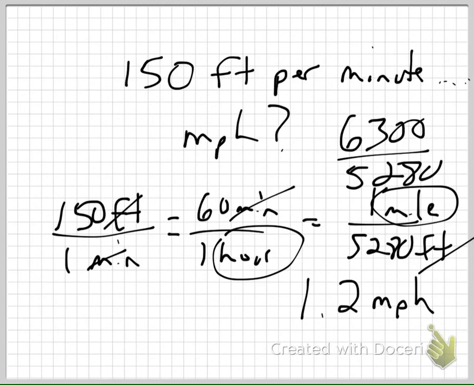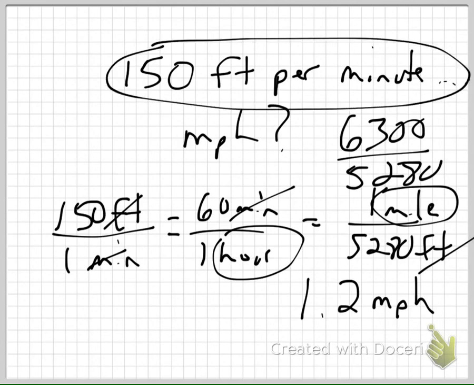Slow, but that should make some sense to you. All you have to do is, can you do some in your head? 150 feet per minute. That's half of a football field in a whole minute. That's you going pretty slow, right? 150 feet per minute is how fast you're walking.